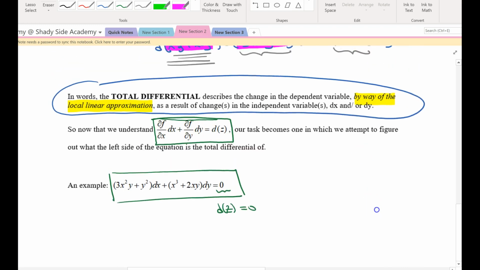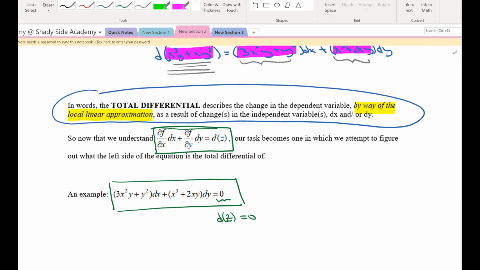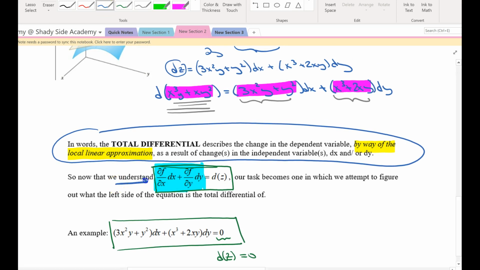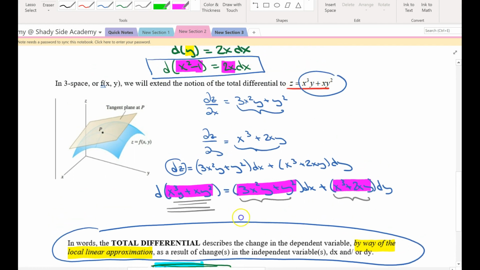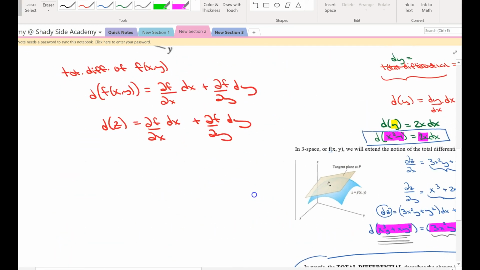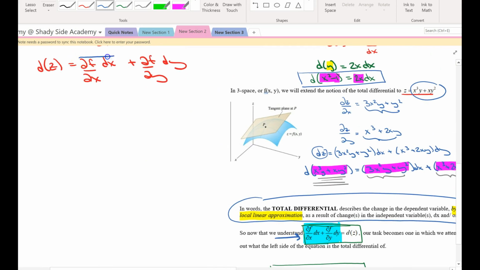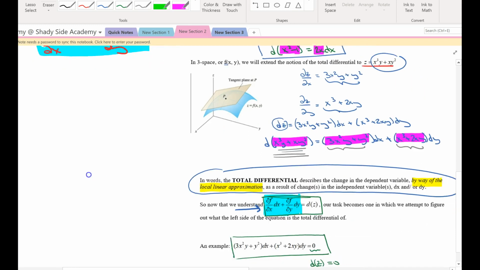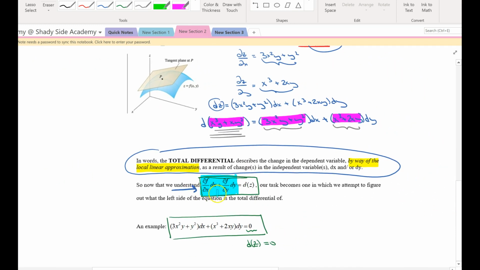But once we understand that this expression, and specifically this part of it right here, means exactly this, and this and this are identical, our task becomes to figure out what the z expression or the z function is that yields these two partial derivatives here and here. Because remember, we saw a connection here and here.